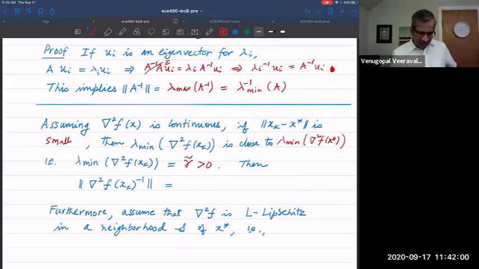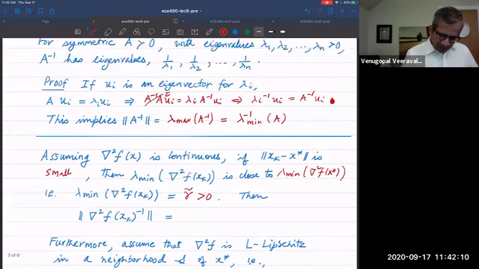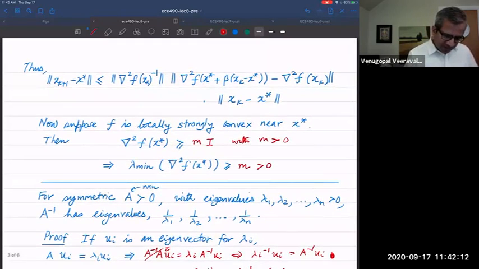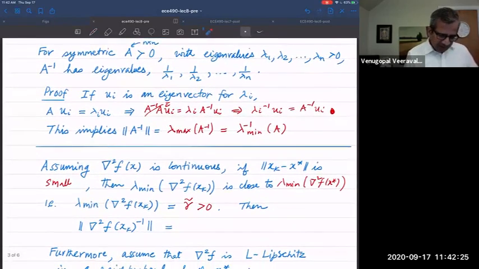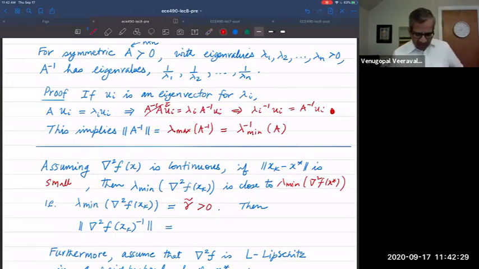Then if we look at the spectral norm, the induced matrix norm, for the inverse of the Hessian, which is what we want up there, we want to find a bound for this guy. That's the spectral norm of the inverse of the Hessian, and that is related to the lambda min.